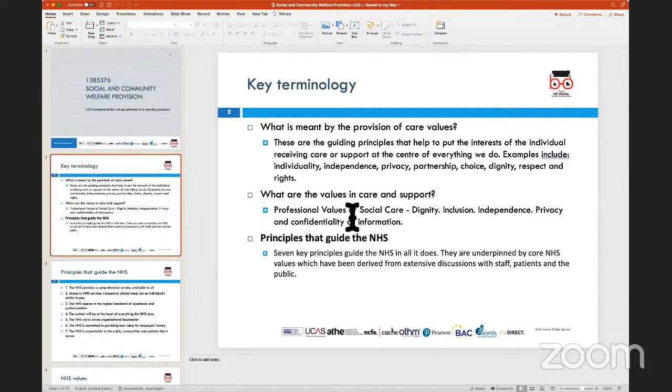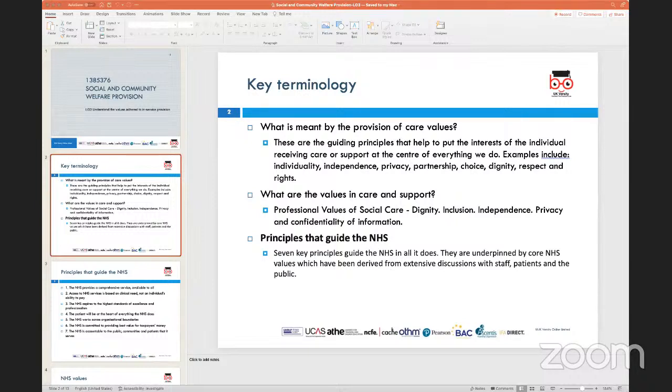They need to be able to align with these core values, their own personal values, principles, and morals. Now, when we look at provision, this is something that we explained and discussed in the first learning outcome, because the unit talks about welfare, social and community welfare provision.